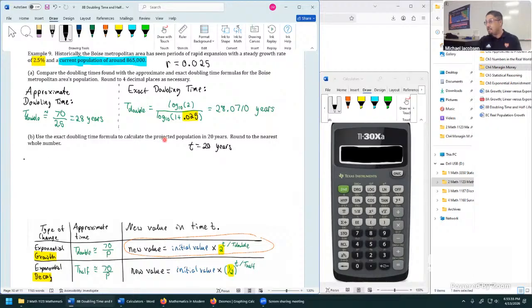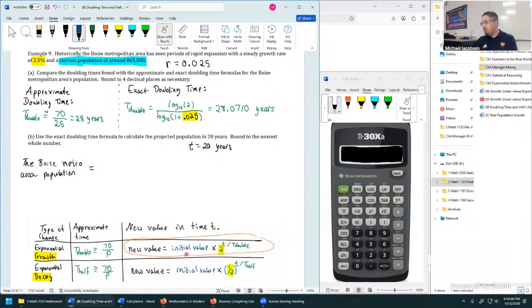We can say the Boise metropolitan area, I'll just say metro for short, area population. The equality is just a literal is.